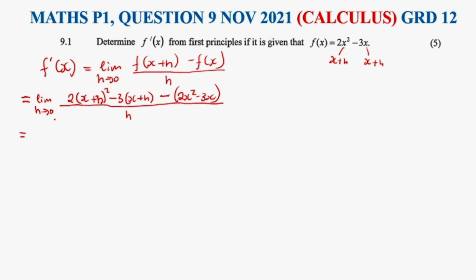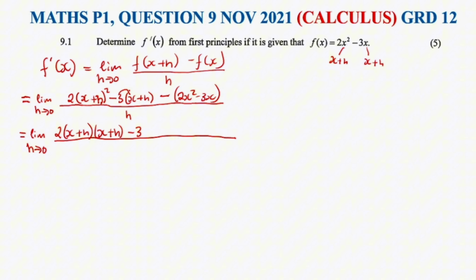We continue. Now we need to expand this one, then simplify all of that. You must keep writing lim, guys. If you don't write lim as h approaches 0, you are going to lose marks. We're going to keep writing it until h approaches 0. So this is x plus h, and if it's a double bracket, it's x plus h squared, minus 3.